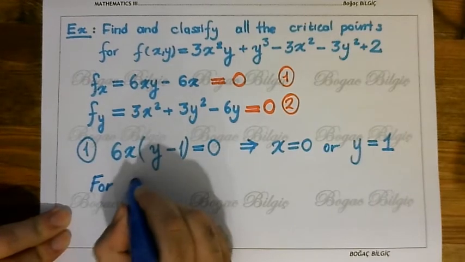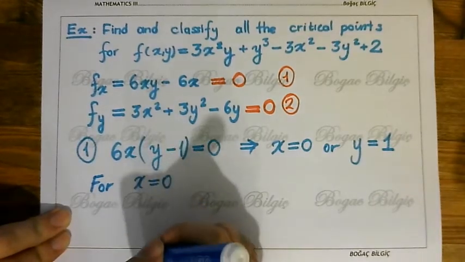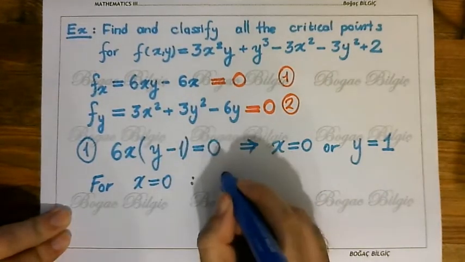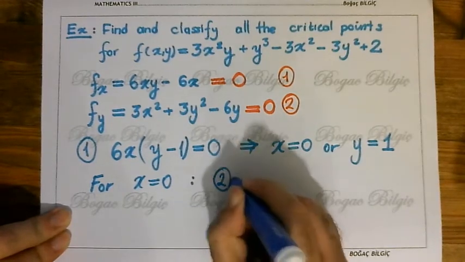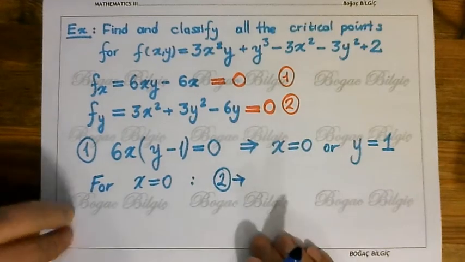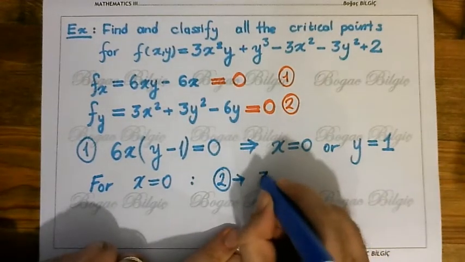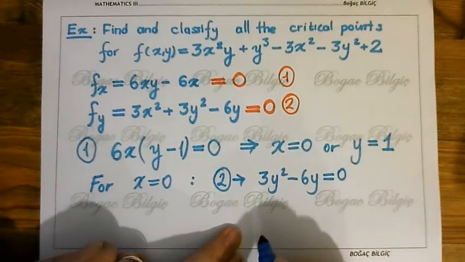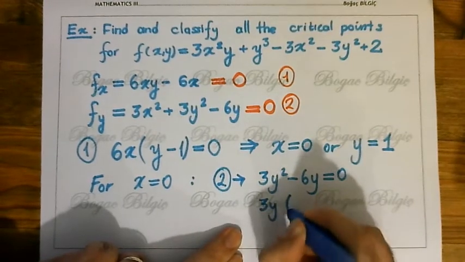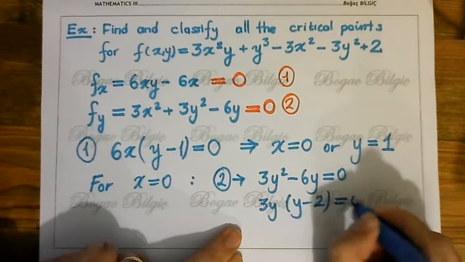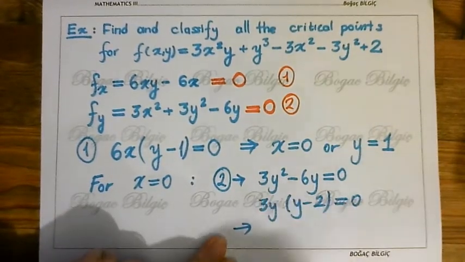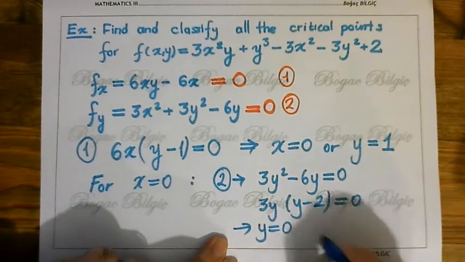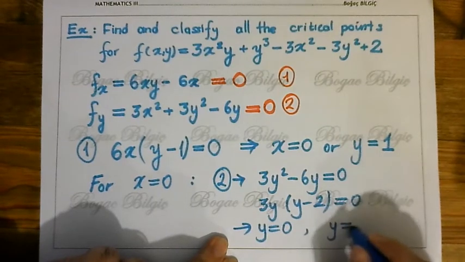For x is equal to 0, the second equation is 3y squared minus 6y is equal to 0, and then 3y(y minus 2) is equal to 0. So y is 0 and y is 2.